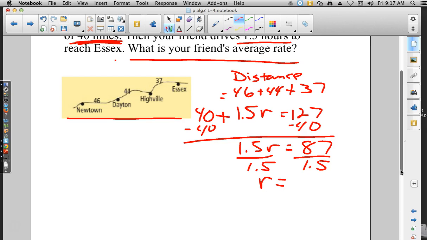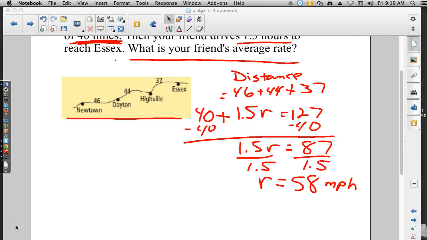Oh, I can't wait for that. There it is. 58. So let's be careful. 58. Good. Miles per hour. This was in miles. The information about your friend's time was in hours. Miles per hour.